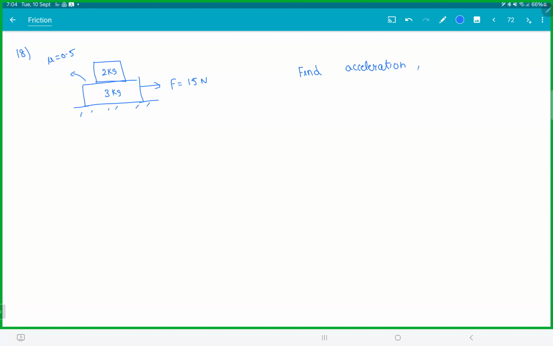Find acceleration, friction, and the maximum F. The ground is smooth. If blocks go together. Okay, let's do this first, then I'll change the data a bit.